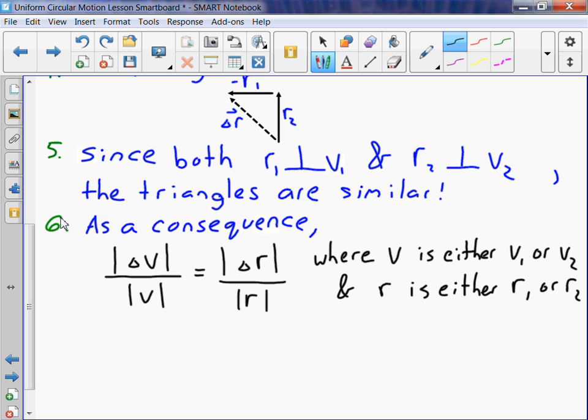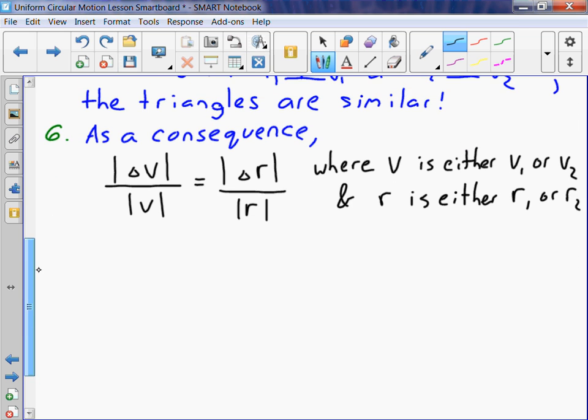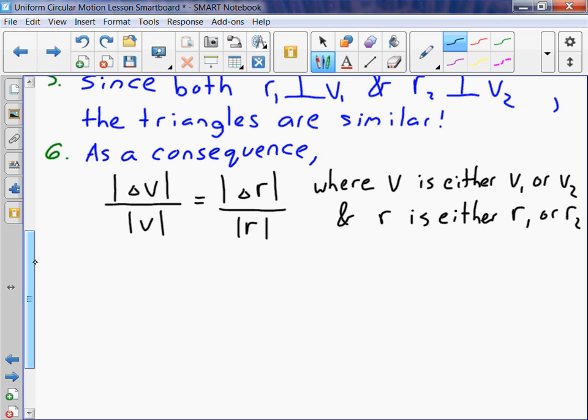Do you want delta V by itself? Remember, all of this is just talking about the magnitudes of the vectors.